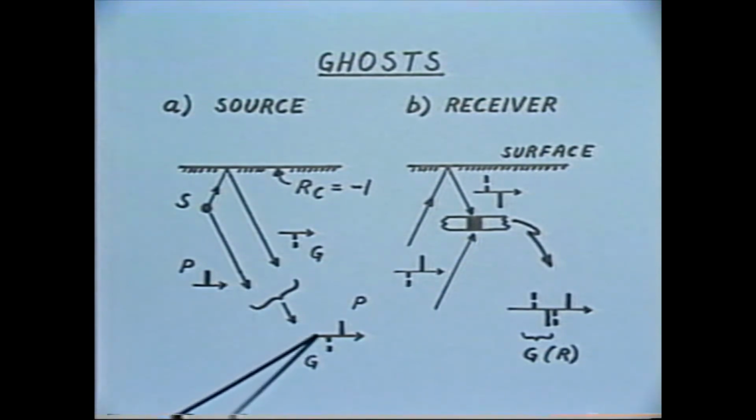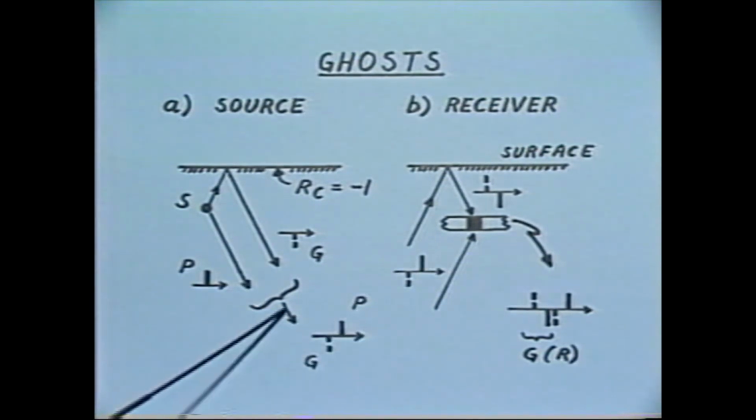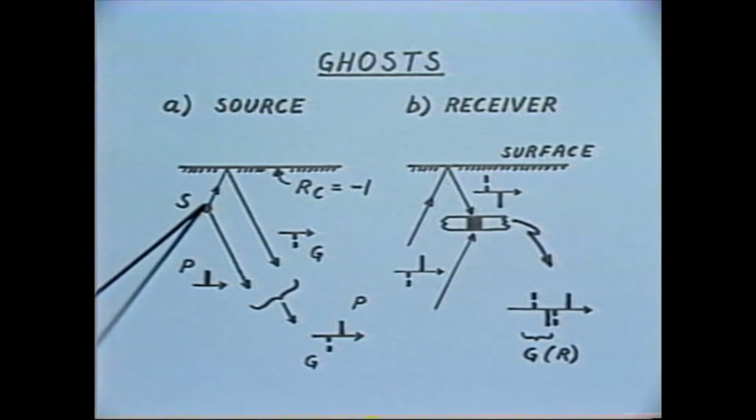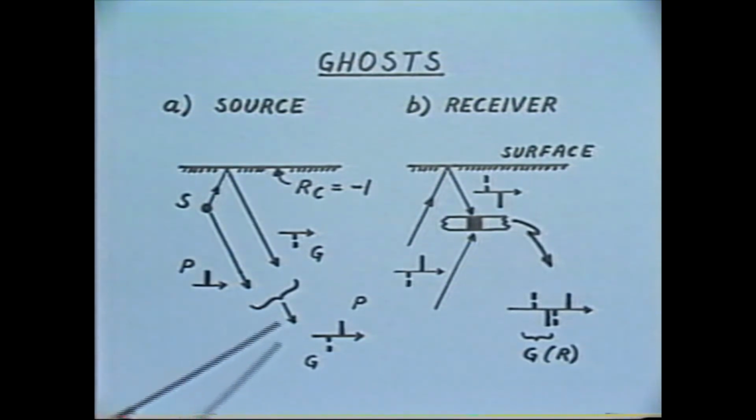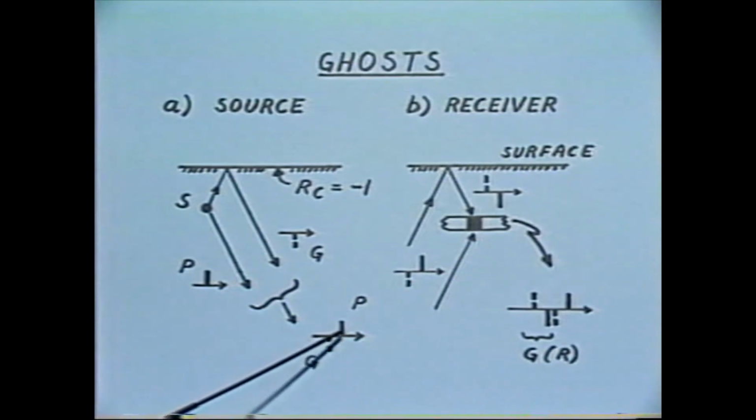So if we were looking from some point way down in the Earth at the energy which arrives from this source, and let's assume again that the waveform of that energy is just a simple spike, we would in fact see two events arrive.